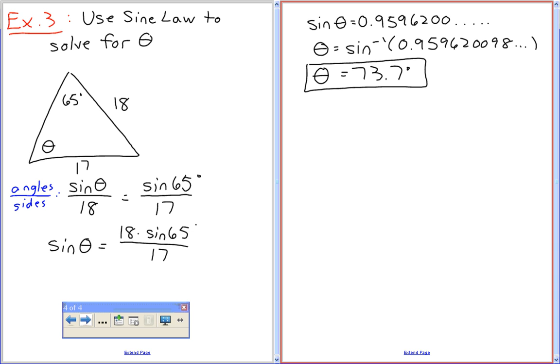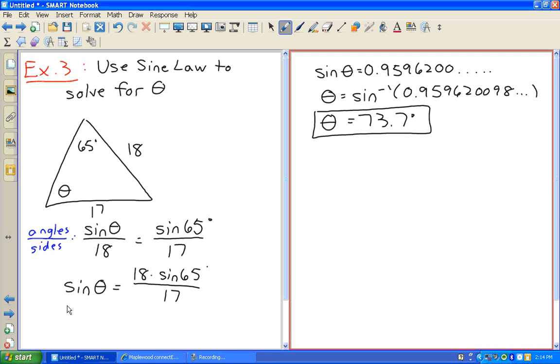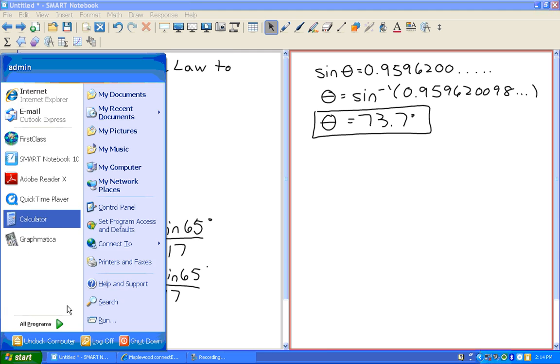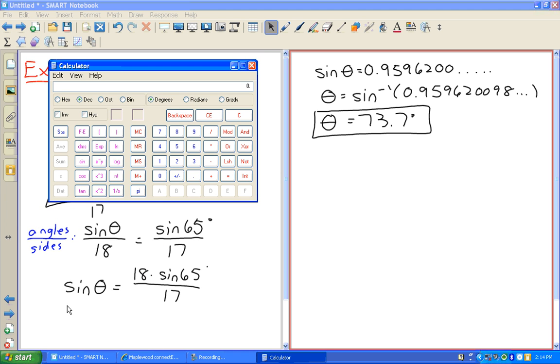Okay, so let's go one last time. If you can see on the board here, what I'm going to do is 65 in sine. You probably can't see that at all, but go with me. Times 18 divided by 17, and you get 0.95962000098.